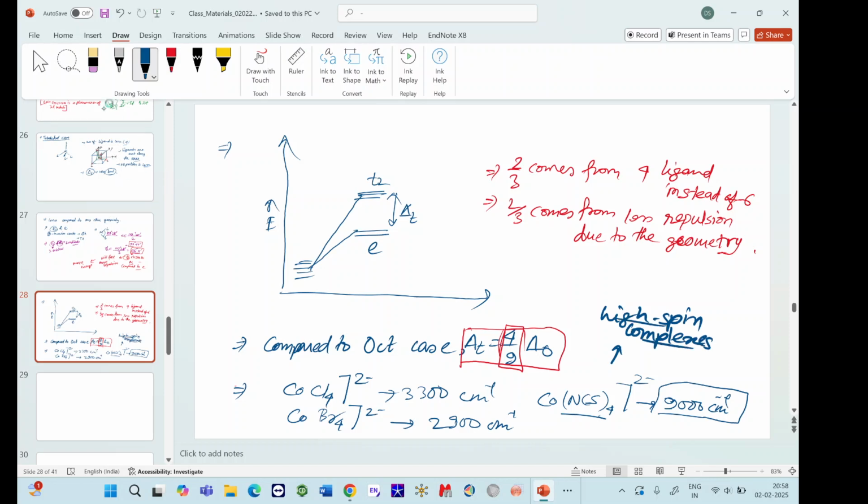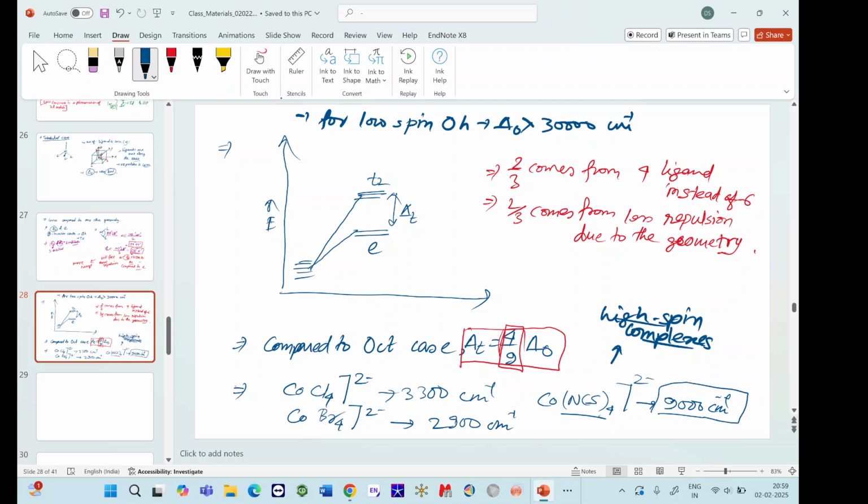So let me tell you, for this package, for low spin octahedral, the splitting should be more than 30,000 centimeter inverse.